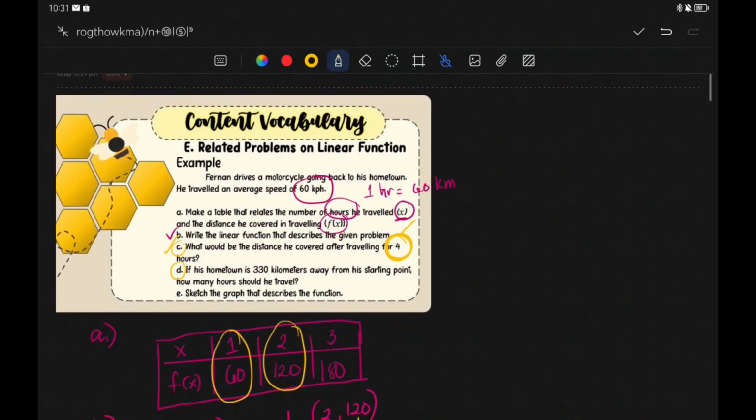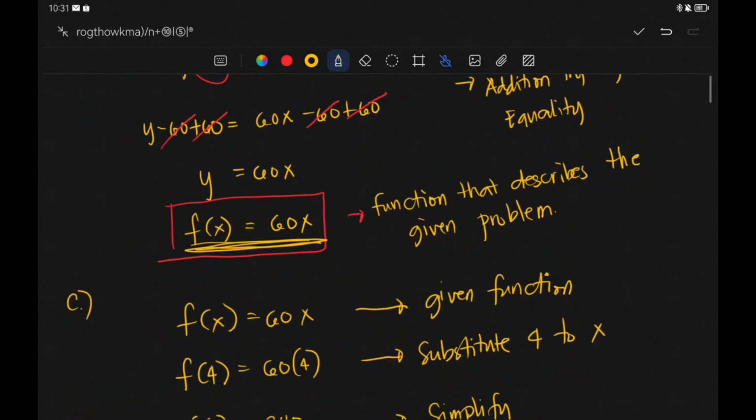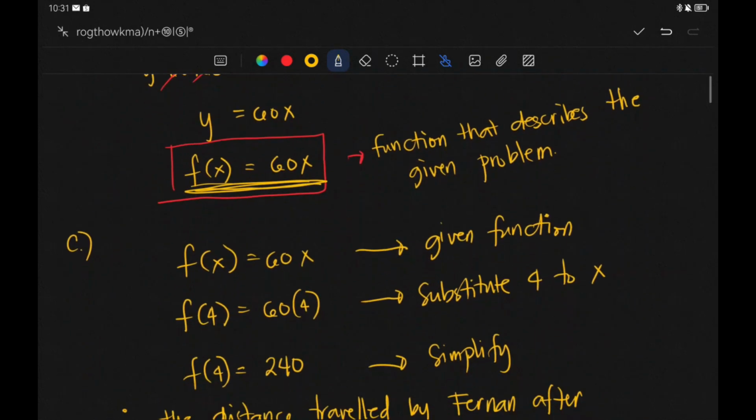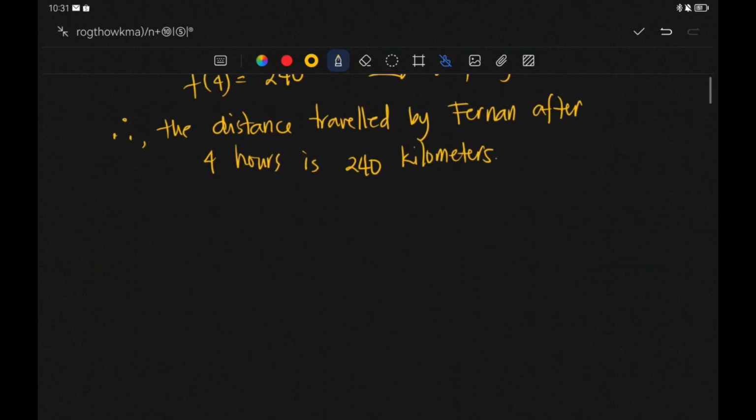If his hometown is 330 kilometers away from his starting point, how many hours should he travel? Now, to find the number of hours needed to travel 330 kilometers.